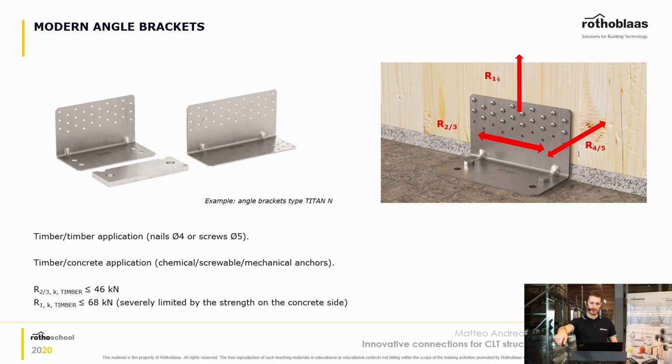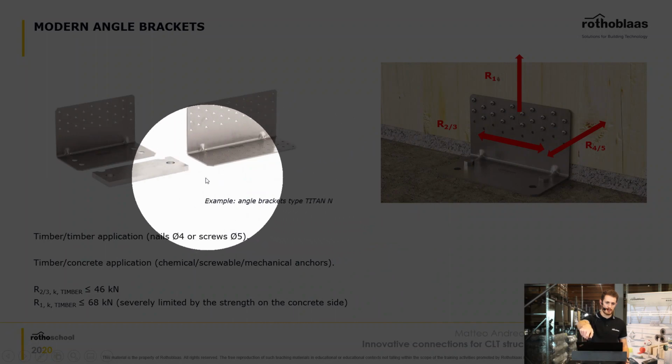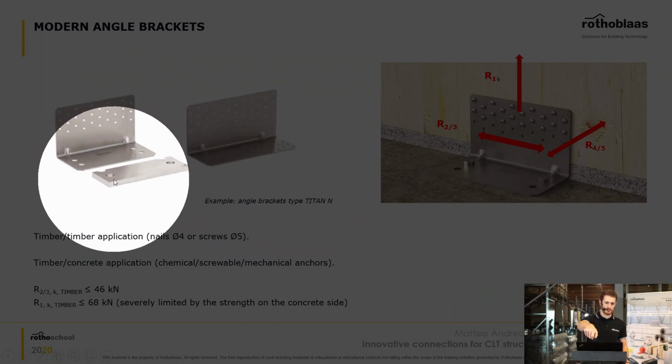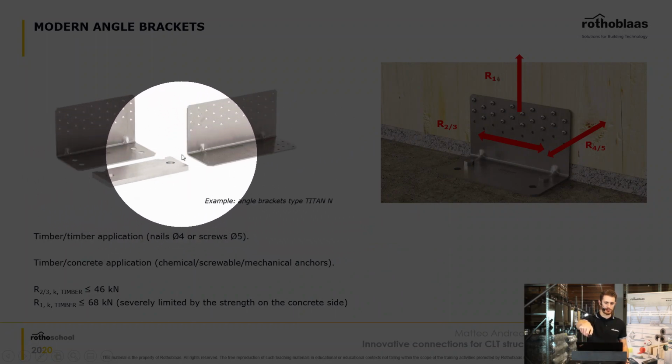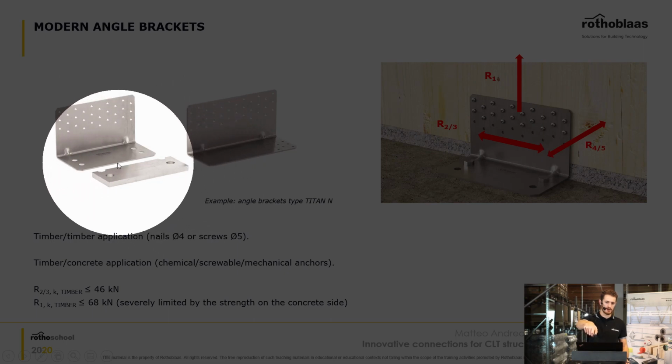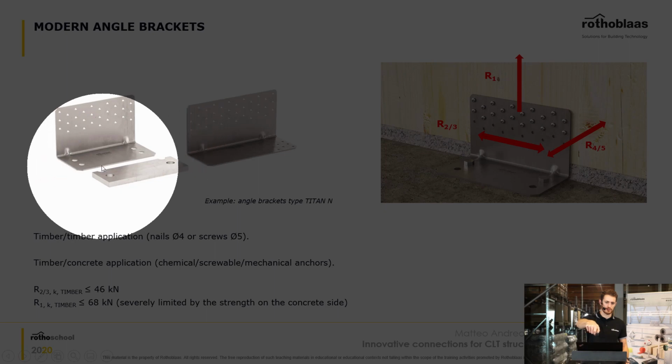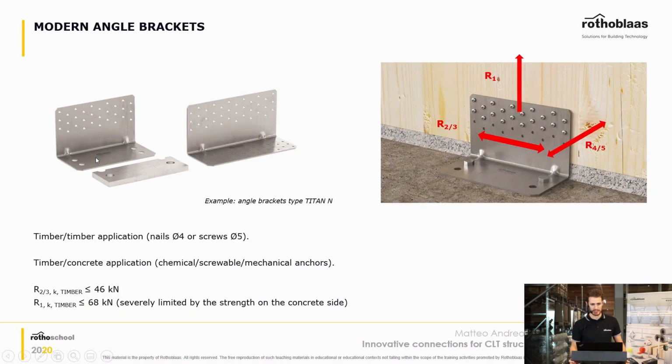And in particular, it's interesting that just by adding this steel plate here, which is called a washer in this case, you are able to use the same connector as a hold down to withstand the tension forces onto the ground level. Of course the connector has an eccentricity, and therefore it tends to rotate, and it tends to fail.